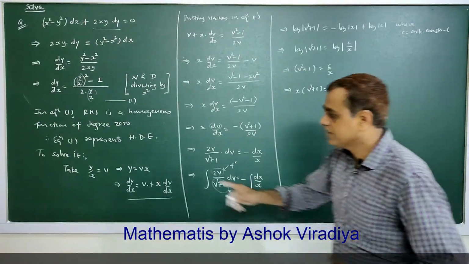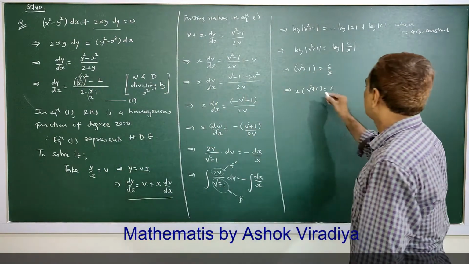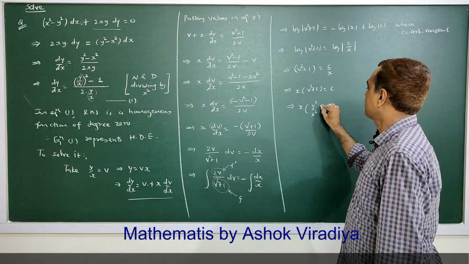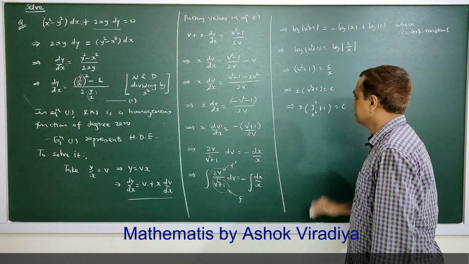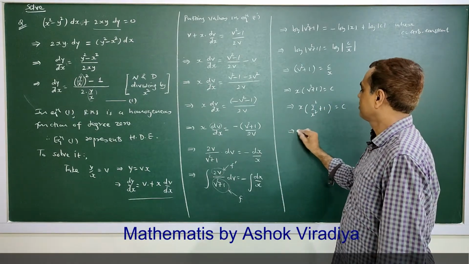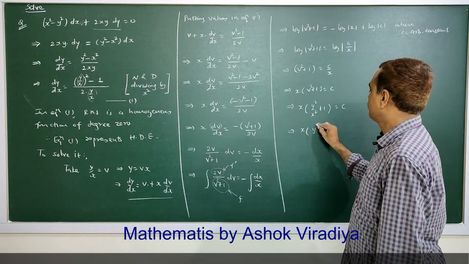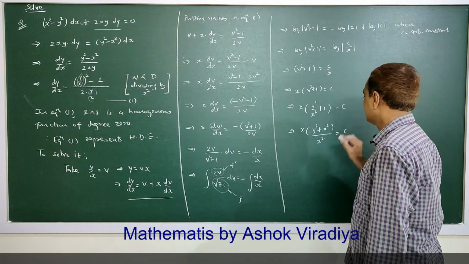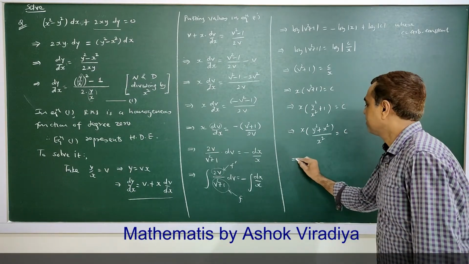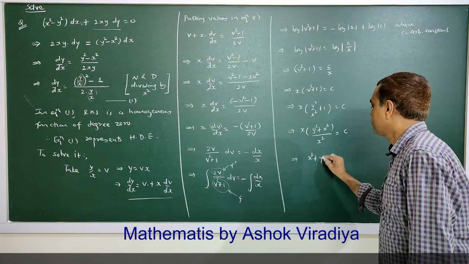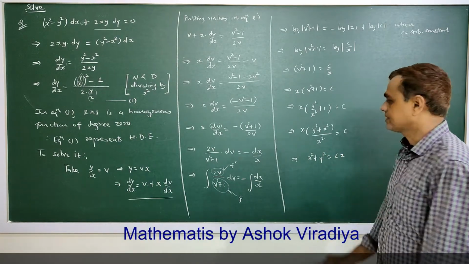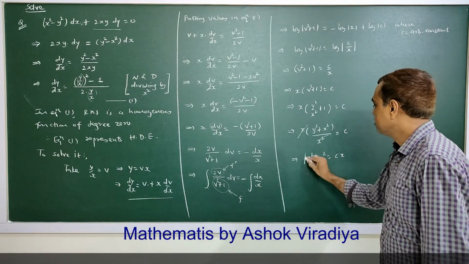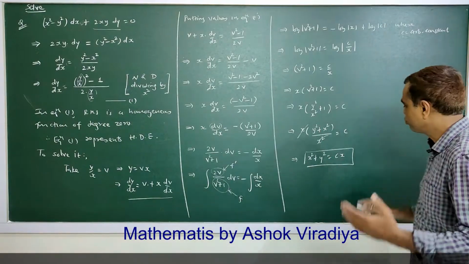Now at last we replace v by y by x. So y square by x square plus 1 equal to c. Therefore x into y square plus x square upon x square is c. So this means x square plus y square is cx. Here x will be cancelled, this x will be multiplied with c. So this is the required general solution.